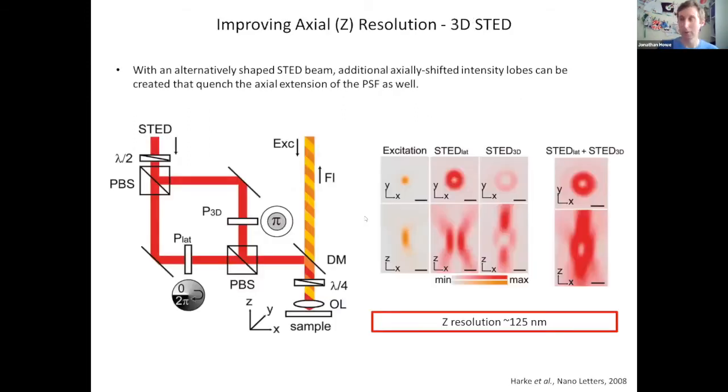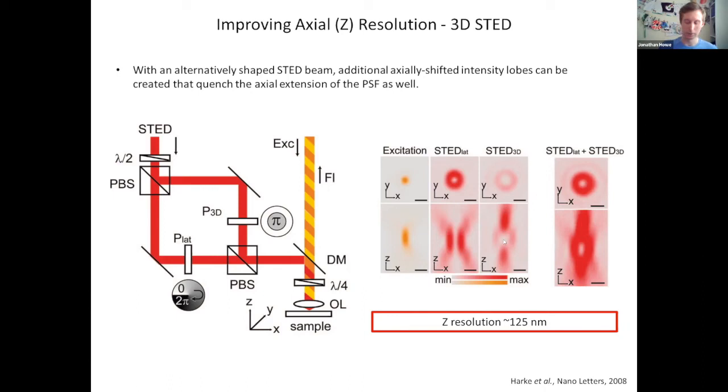Now, I mentioned a minute ago that we can improve the Z resolution as well. And one method of doing this is to separate the STED laser into two paths. In one path, you precondition the STED laser beam so that it forms this donut shape in XY. And in the other path, you pre-shape it so that it forms these sort of axially shifted intensity lobes above and below the plane of focus, which are represented here.